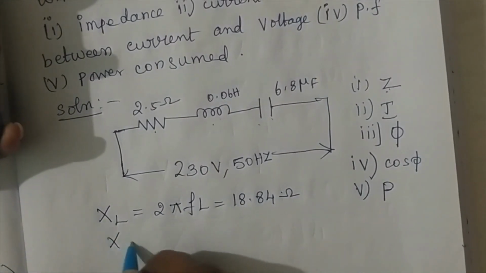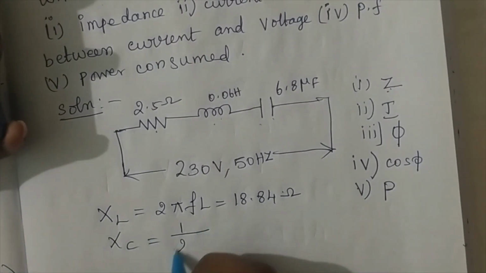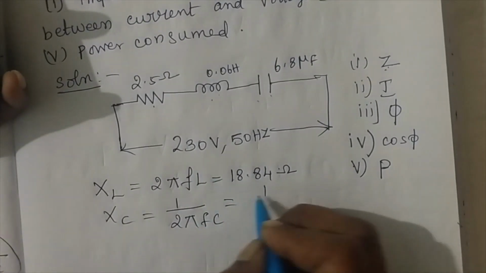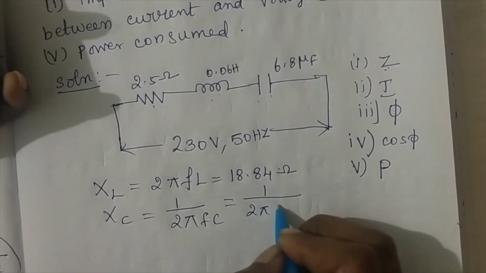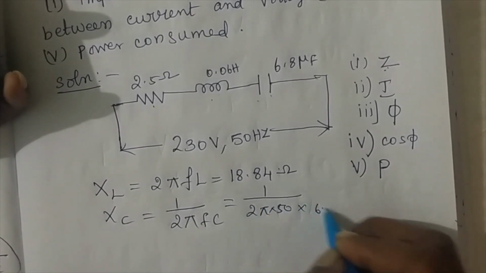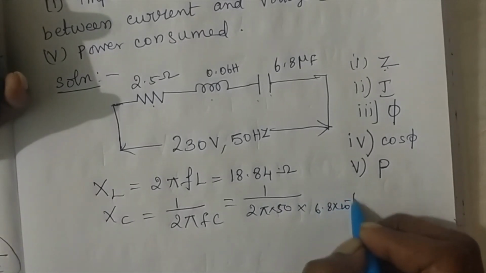And the XC formula is 1 by 2 pi FC. So 1 divided by 2 pi 50 into C value 6.8 into 10 to the power of minus 6.